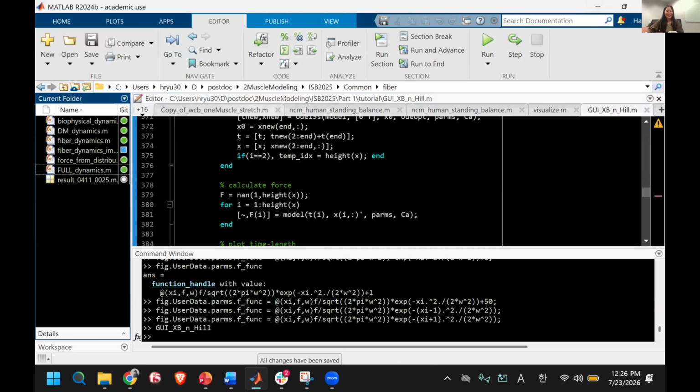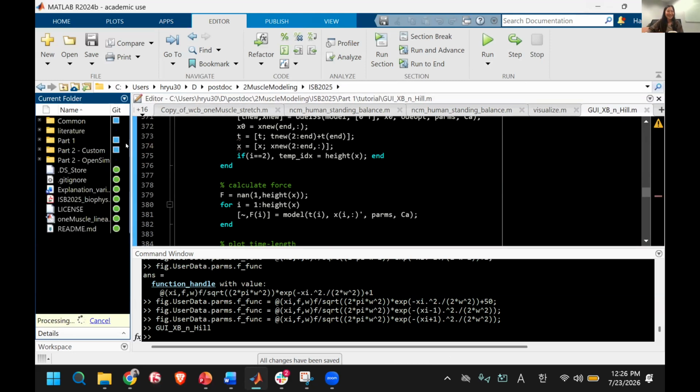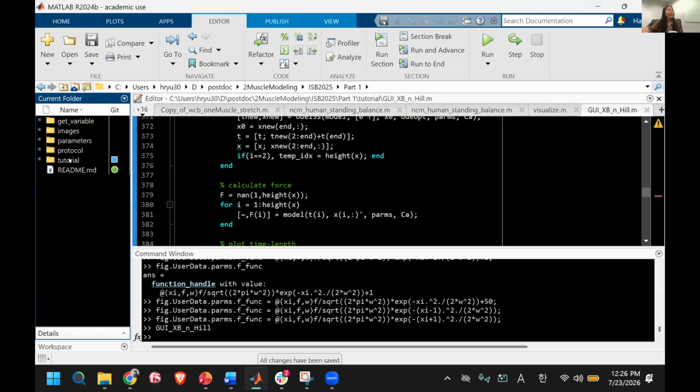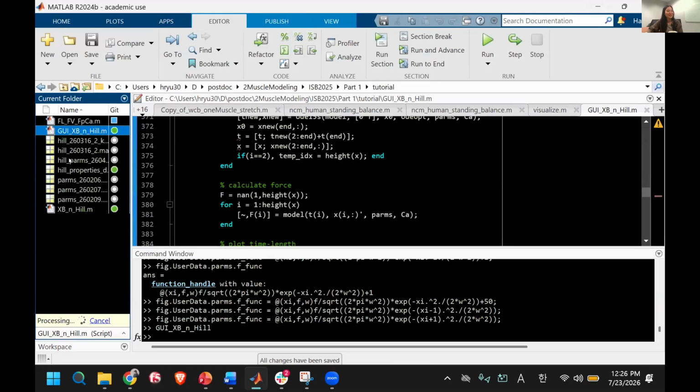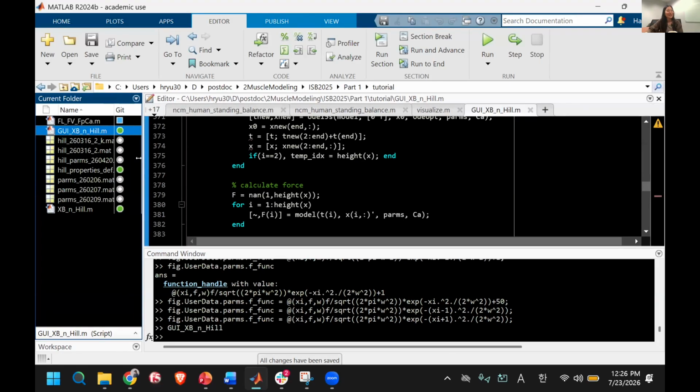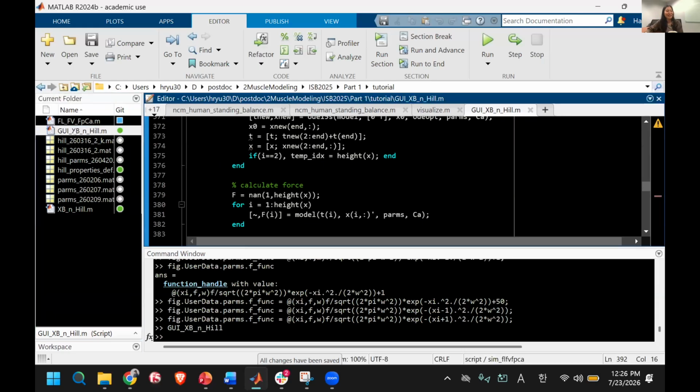All right. In the code, there are several folders like this, common, part 1 and 2. And we are going to go into part 1 and tutorial. Can I get thumbs up if people are here? All right. And let's open the GUI crossbridge and hill.m file.